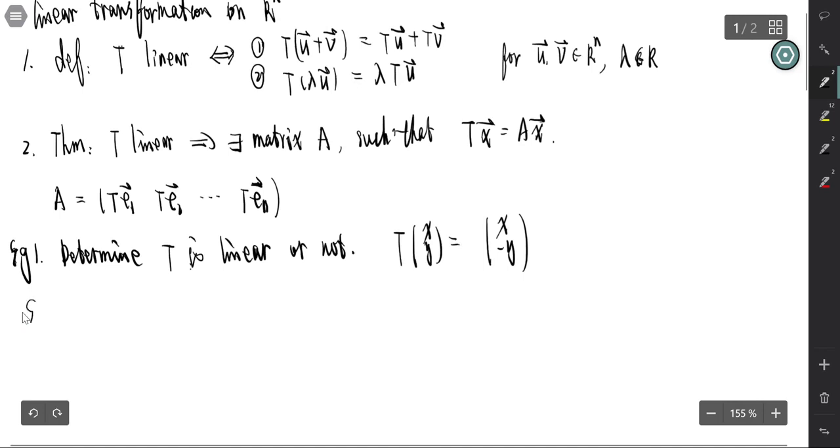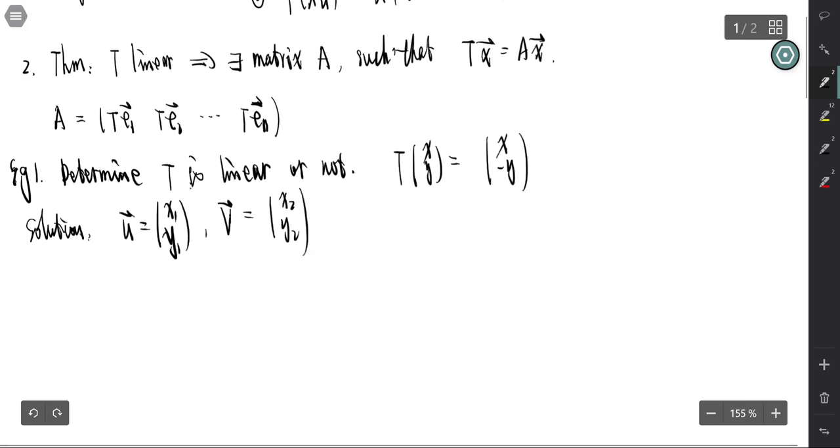The solution is: let u equals (x1, y1) and v equals (x2, y2). Then we check these two conditions. The first is T(u plus v), that is T((x1, y1) plus (x2, y2)).